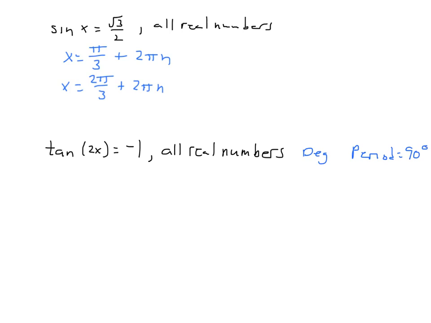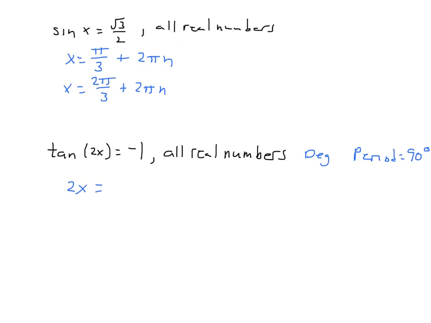Now, to do this one, I want to solve it. I know the tangent of 2x is -1. So I can say that 2x equals the angle that has a tangent of -1, which comes out to be 135 degrees.